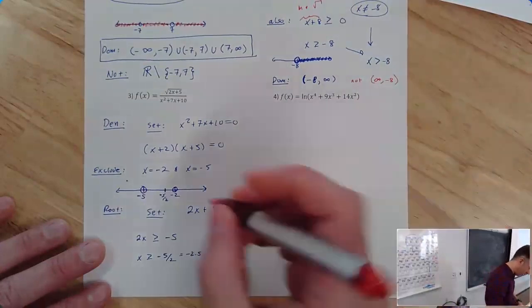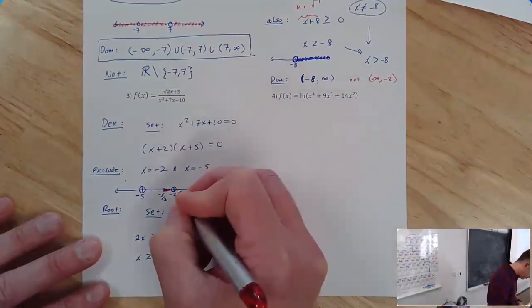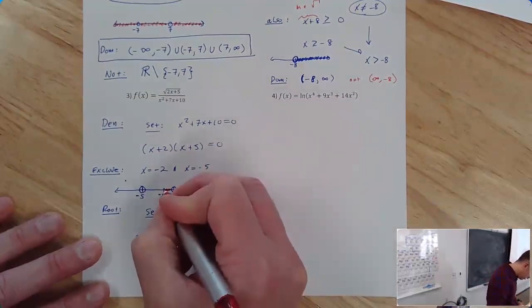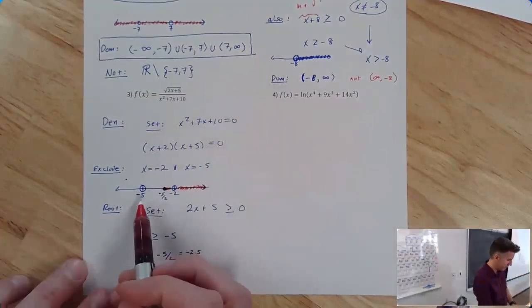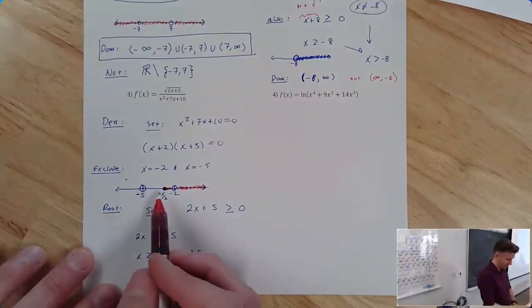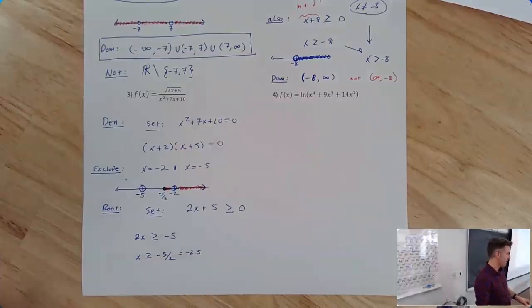So I want everything to the right of -5/2, except not -2, because we already said we didn't want it. So I want all this stuff here, including the -5/2. So not having -5 is kind of pointless, I guess, or it didn't really matter because we really don't want anything over there. -5 is already too negative for that square root to even deal with.